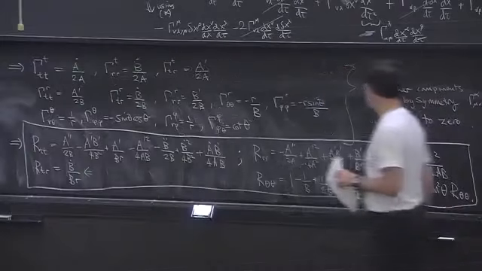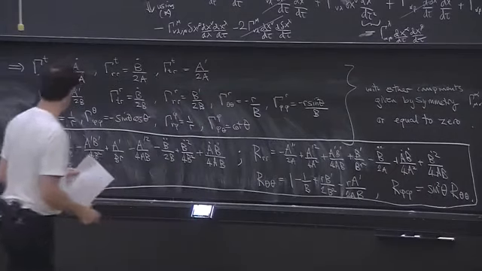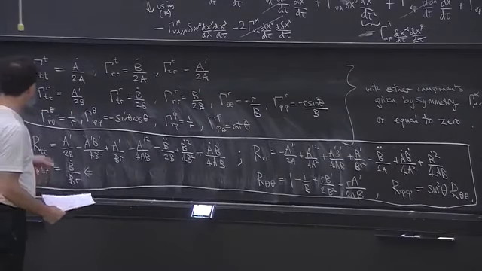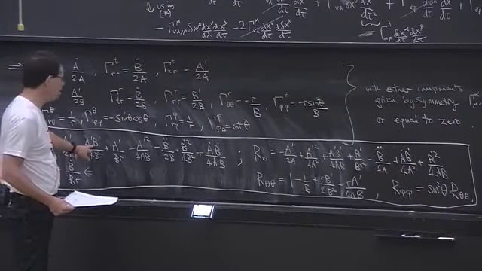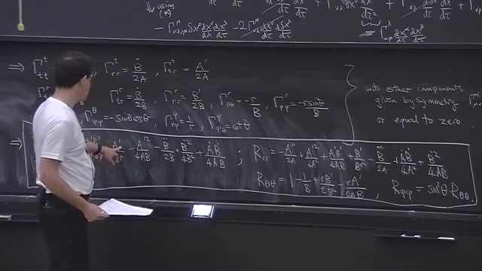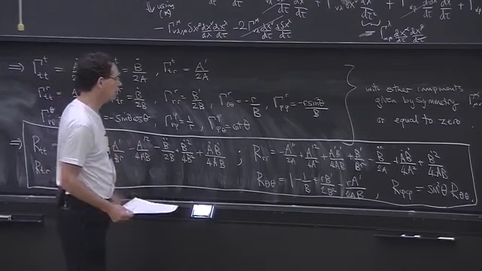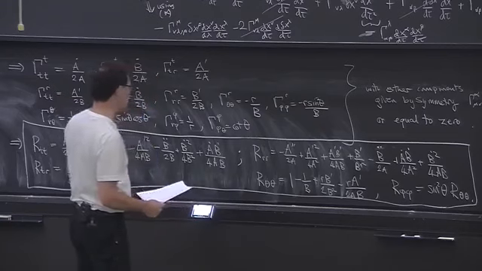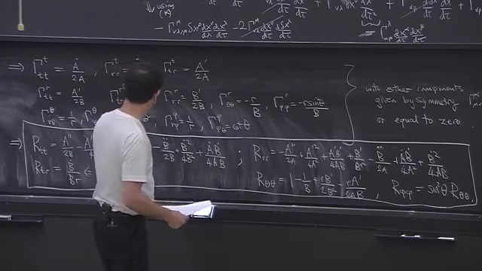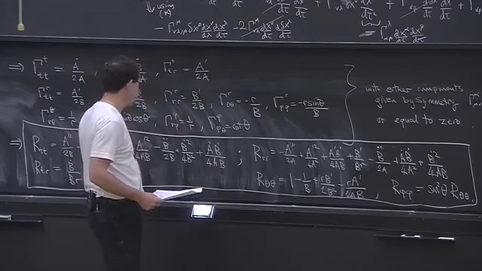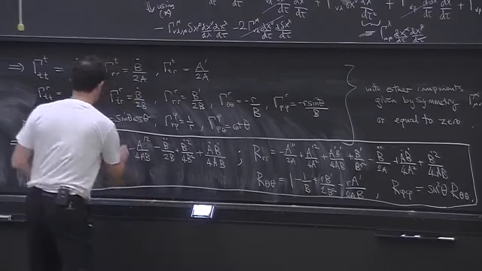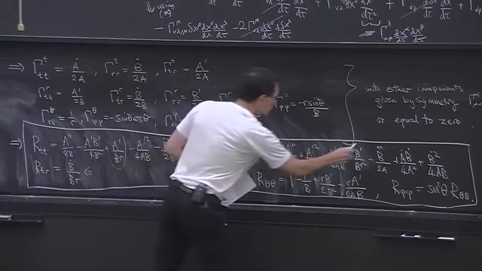Because we took a combination to cancel the second derivatives of a. Lots of other cancellations happen. This a prime b prime term goes away. So you just get this term, and the a prime squared term canceled. You're left with this term, and this term. That's all.